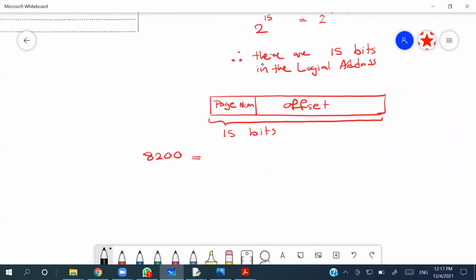I'm going to write the place values for 15 places.